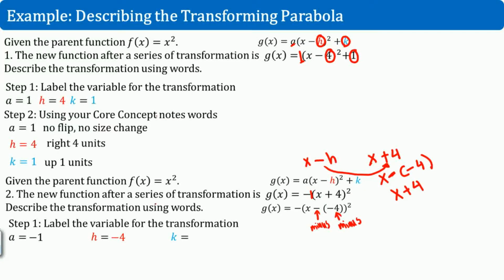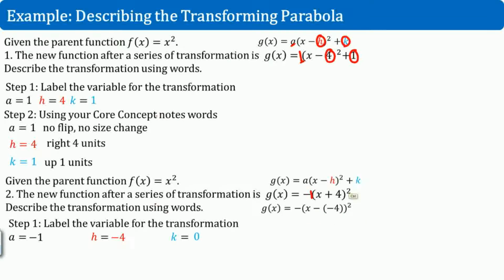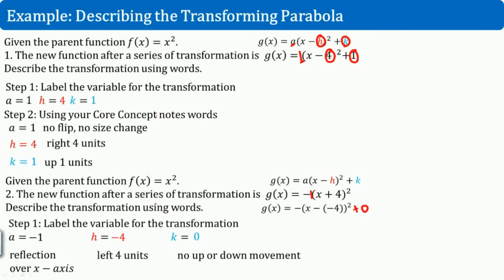That's the explanation for the math here. And my k value, there is nothing here, so it's plus 0, so I'll write k equals 0. When a is negative, that is a reflection over the x-axis. My h is negative 4, which means 4 units to the left. And my k is equal to 0, so no up or down.